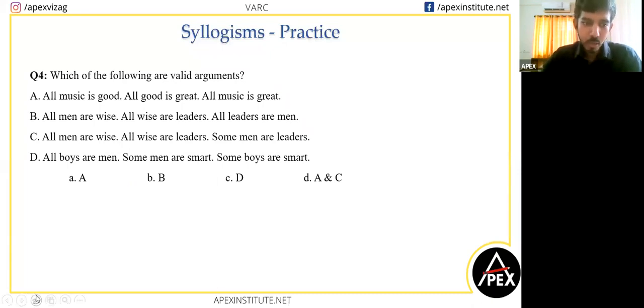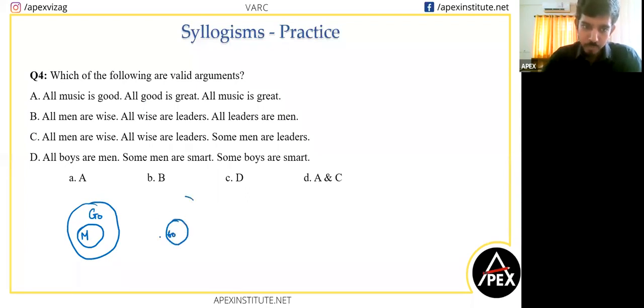So let's start with all music is good. So music becomes a subset of good. And all good is great. So good becomes a subset of great. I'm just using GR and GO because if you use only G, you will get confused.